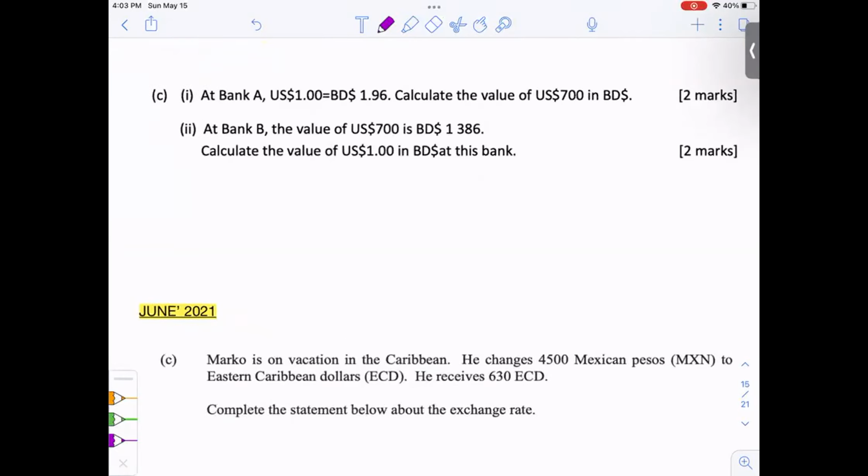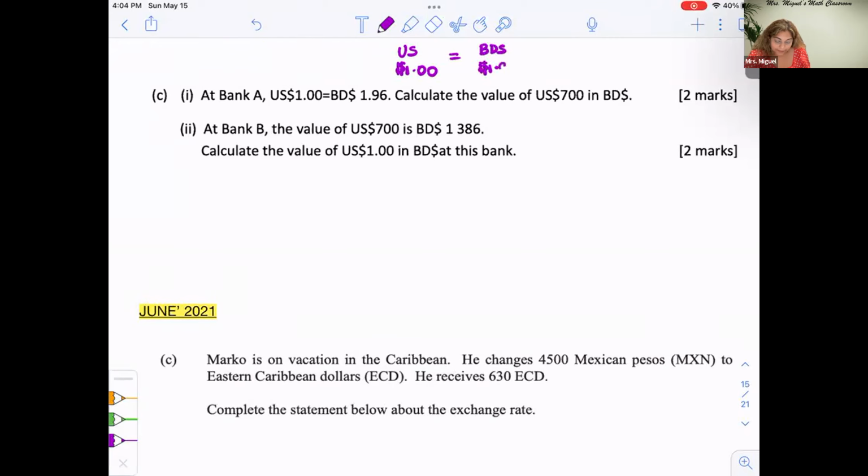All right, at a bank, $1 is equal to $1.96 Barbados dollar. So 700 US dollars will be equal to 700 multiplied by 1.96. The answer is 1372 Barbados dollars. Did you all get it?